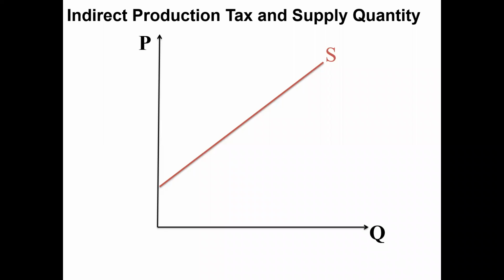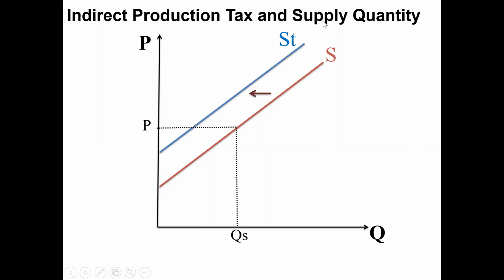Right. We based our understanding of the schedule on the graph. Now we got that the supply curve shifts to the left due to tax. Now assume the price is this. When you consider the original curve, you can see the supply quantity is this. Now, after the tax, the supply curve is ST. So at the same price, what do sellers do?